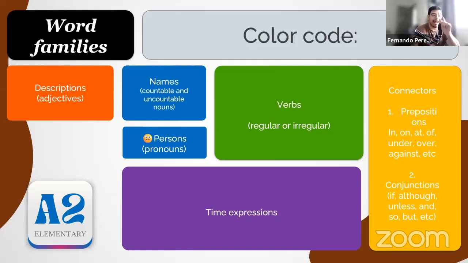Well, an adverb is a word that gives you time, location, or emphasis. We are going to talk about them later. But in the previous level, in level A2, we only managed time expressions. Who remembers what is a time expression?